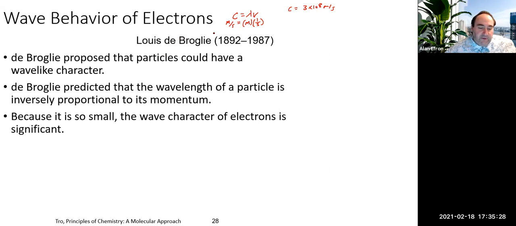Now, when we talked about energy, there was an equation that related the two, which is E is equal to h times the frequency. Here, h is Planck's constant, which is 6.63 times 10 to the minus 34 joules times seconds. And again, that's a constant as well, just like the speed of light.